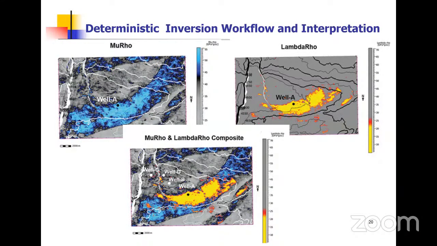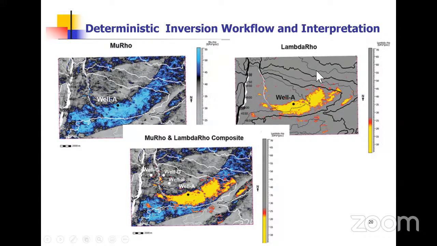So here, like I said, in your inversion, whether simultaneous or independent, you have your P impedance, your S impedance separately, and you have your VPVS. When you take the derivative, you're going to have your mu rho and your lambda rho. And here I've added a composite. If you look at the mu rho, which is lithology sensitive, you can see a blue outline, a blue area penetrated by this well A. That blue area has the morphology of a river, a channel.